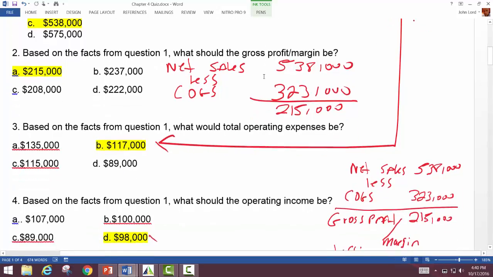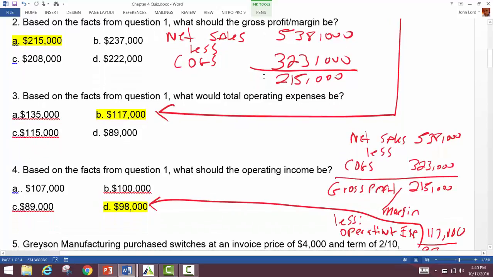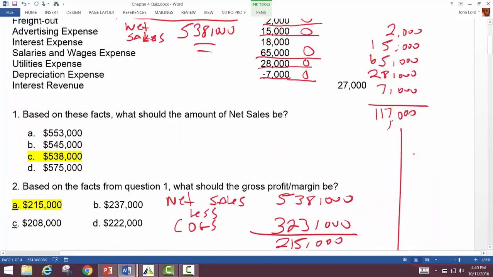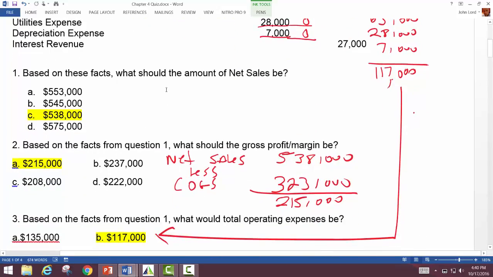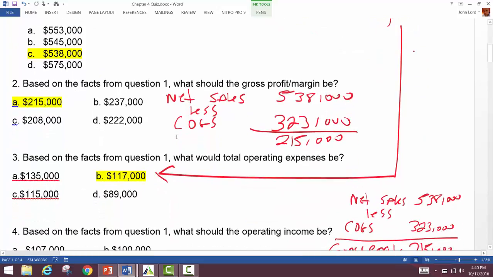Then we say, well, what's the operating income? Notice we're building a multiple step income statement here, whether you realized it or not. Sales minus sales returns minus the discounts gives us net sales. Net sales less our cost of goods sold gives us our gross profit.